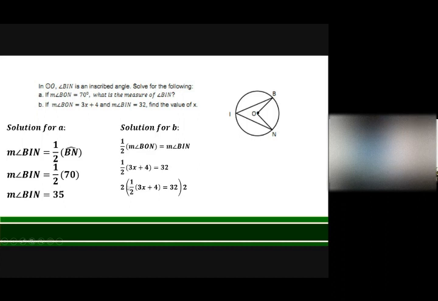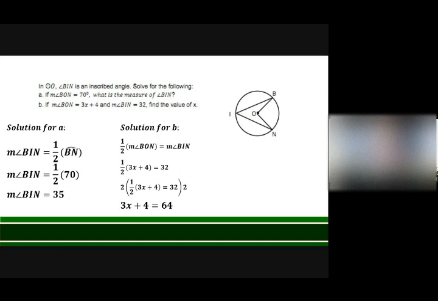Okay, multiply natin by 2 para makancel yung 1/2 sa left side at i-multiply din natin by 2 yung nasa right side. Okay, so kapag na-multiply natin yan, magkakaroon tayo ngayon ng 3x plus 4 equals 64. So, gawin natin.